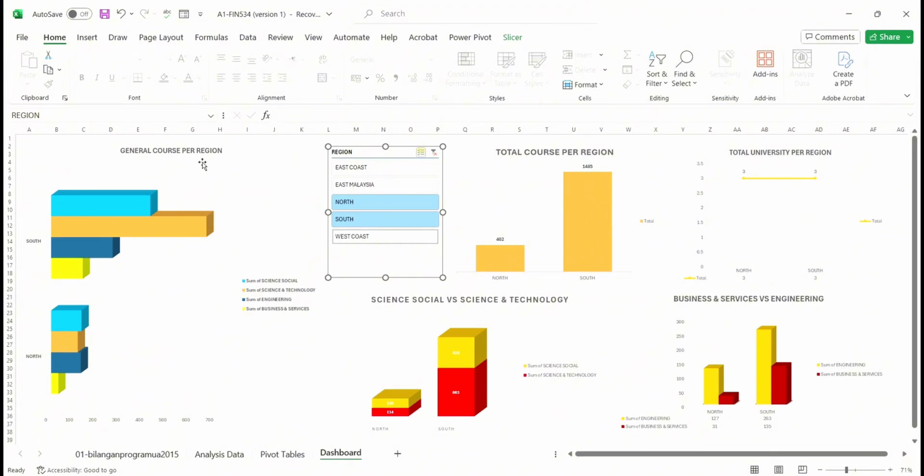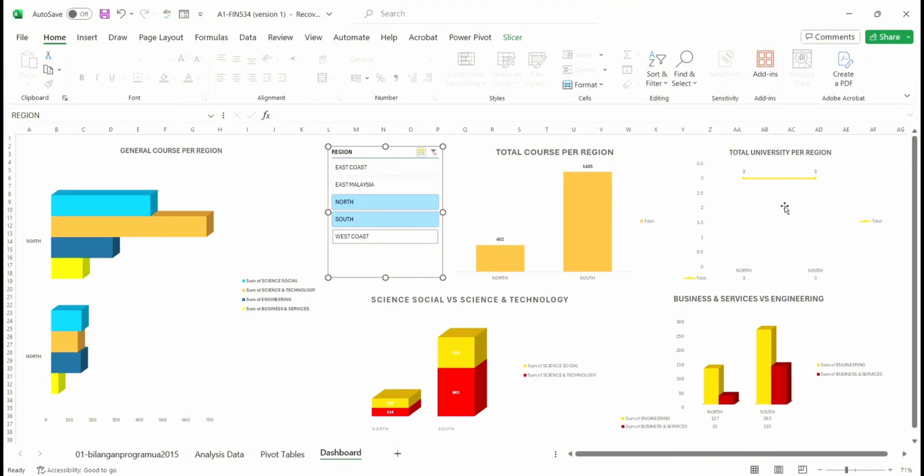For general course per region, South is highest in science and technology with 663, and North is highest in science social with 130. The lowest for both is business and services, with South at 135 and North at 31. The total course per region is highest in South with 1485 and North is 402, and both have 3 universities per region.